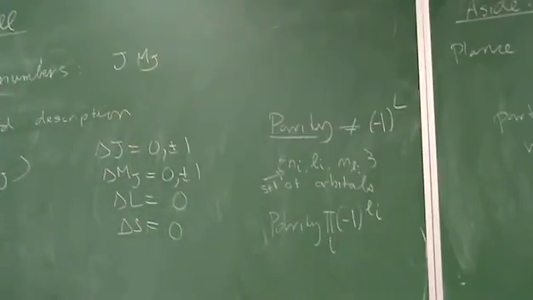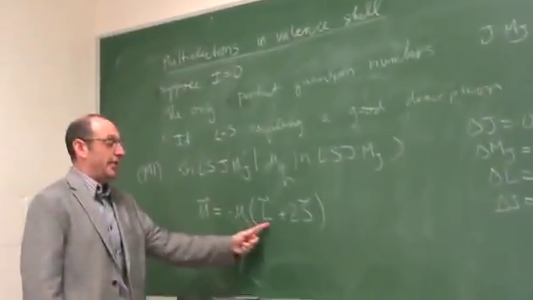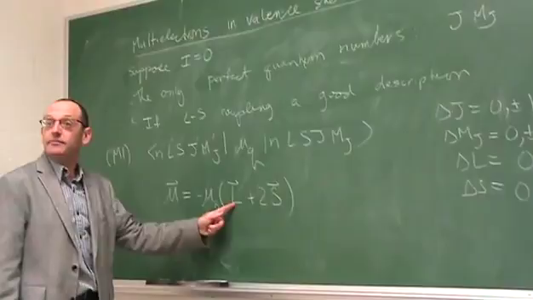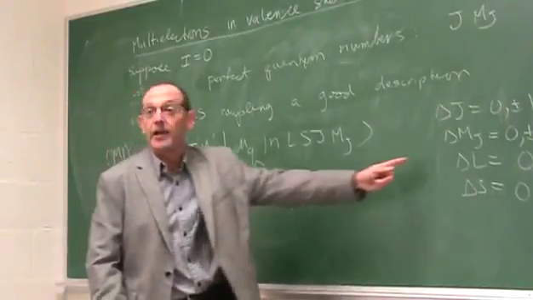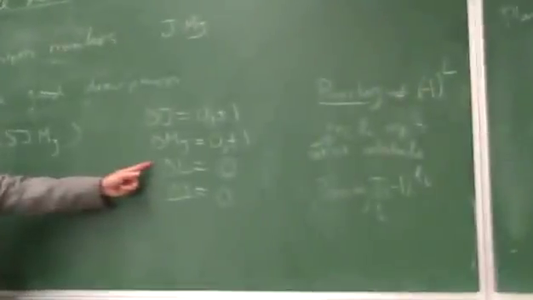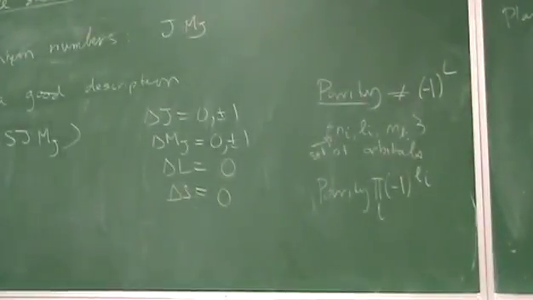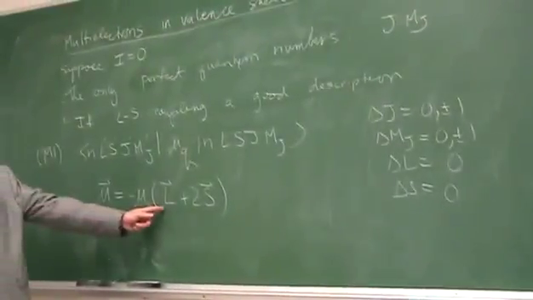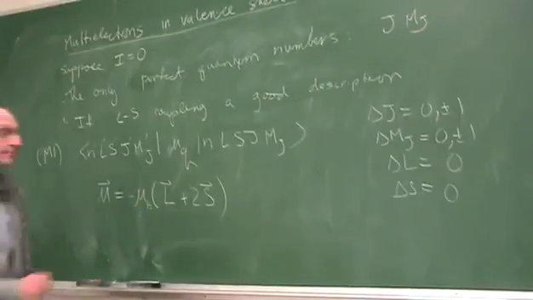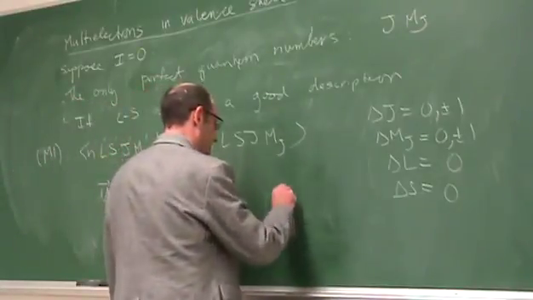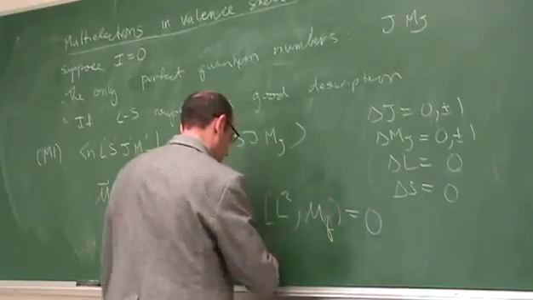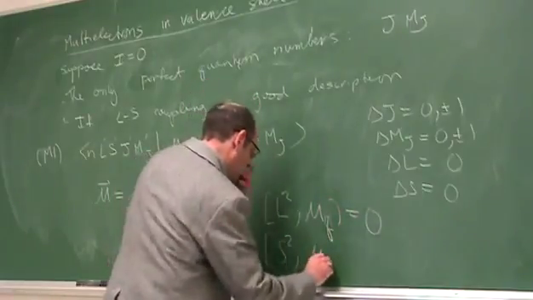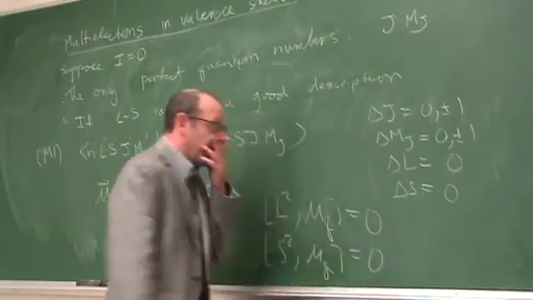However, L squared commutes with this operator. And since L squared commutes with this operator, L can't change. Moreover, S squared commutes with this operator. Therefore, S can't change.